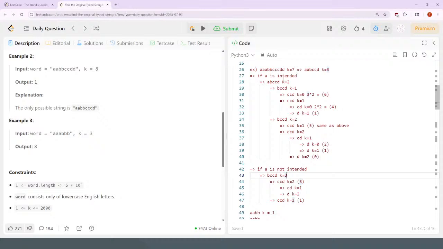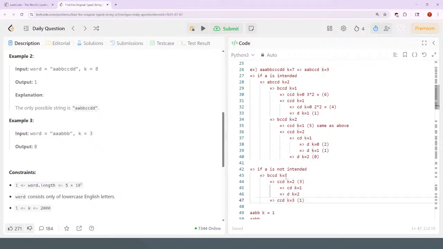I can't have k equals 0 because there aren't enough A's. And so decrement by 0, 1, 2. At that point there's 1 B. If there's 1 B, then I can either decrement by 1 or 0. So k equals 3 goes to CCD. k equals 2, or CCD k equals 3.